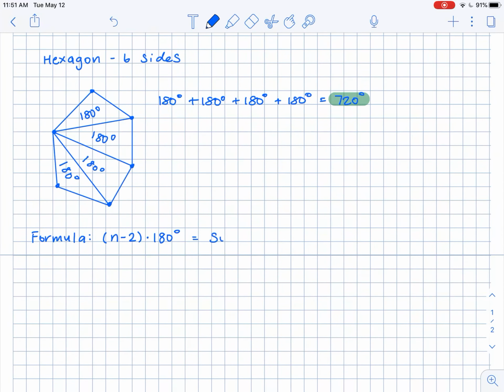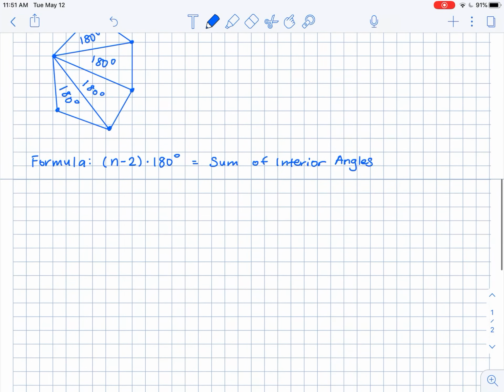This is going to give us the sum of interior angles. Okay. All right. If you have questions on that, make sure to email me, ask me.